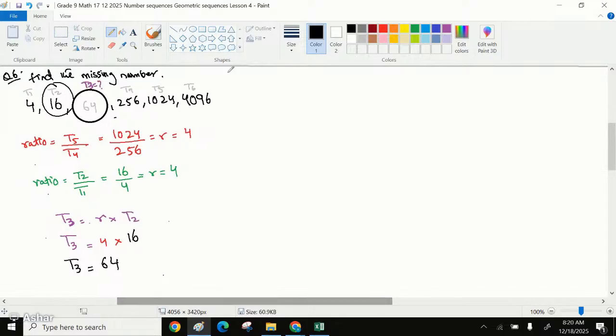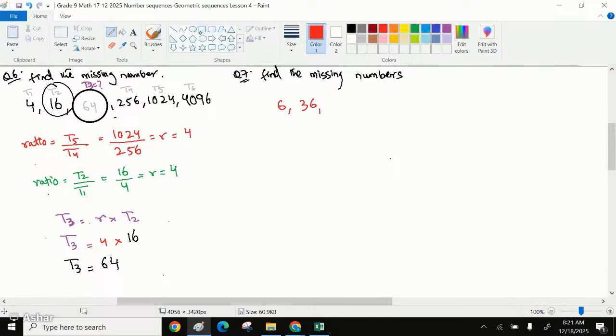Okay. The next question says, find the missing, let's change it a bit, numbers. Okay, let's make it a plural over here. And if we write down the sequence, can we write this as 6, 36?